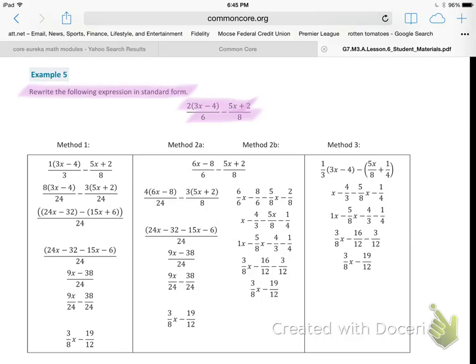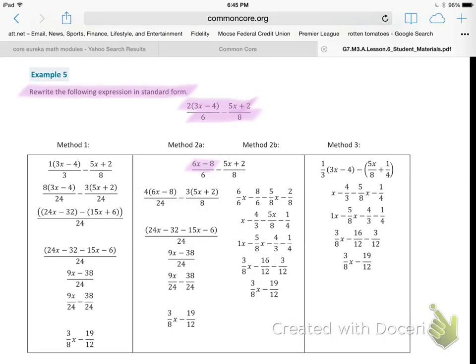They have done that right here. The 6x minus 8 is a rewriting using the distributive property. They have also gone and done it a couple of different ways here.